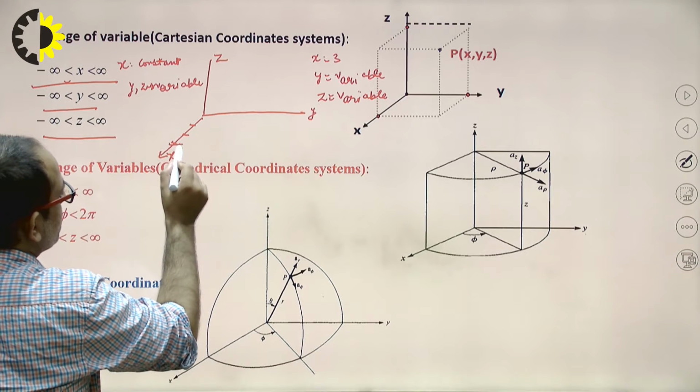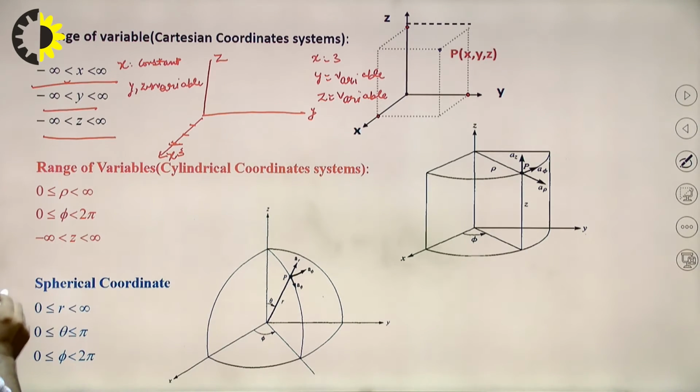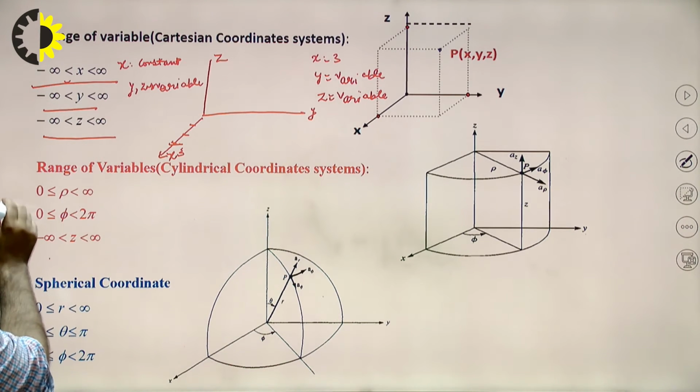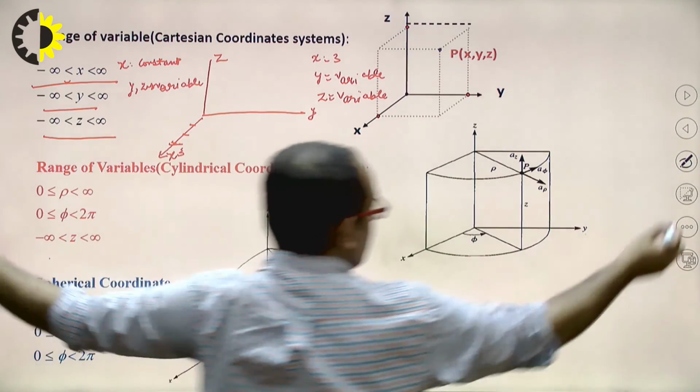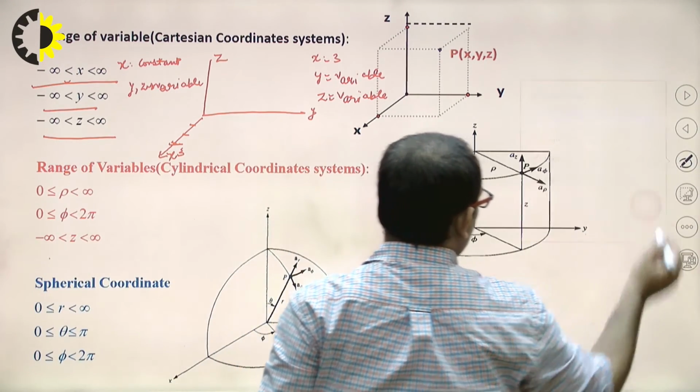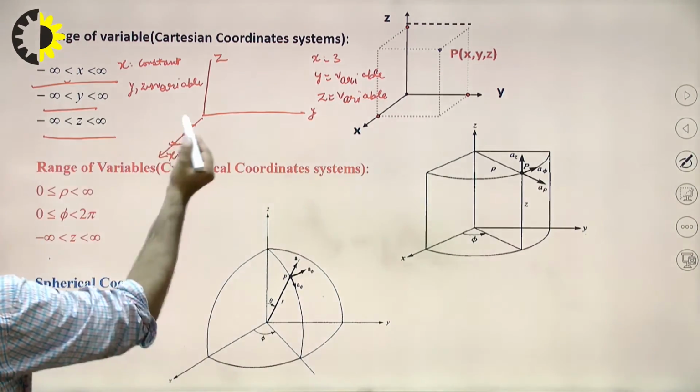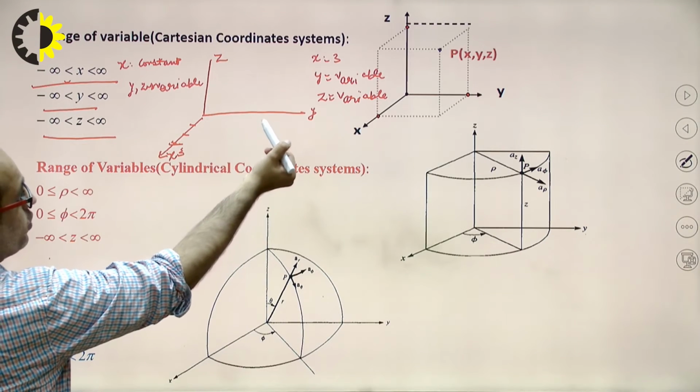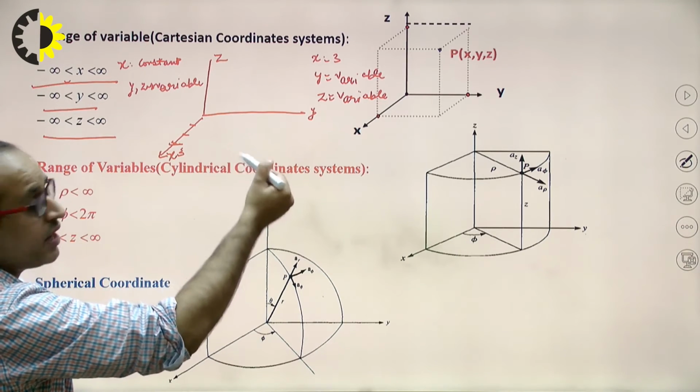You will get this one is 3, and a plane will be formed, and that plane will be what? Parallel to y and parallel to z.